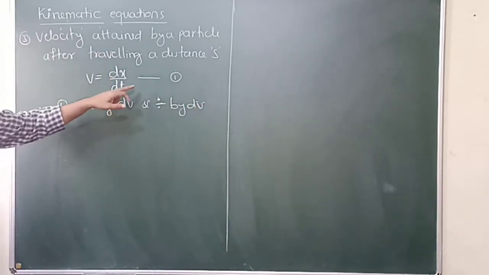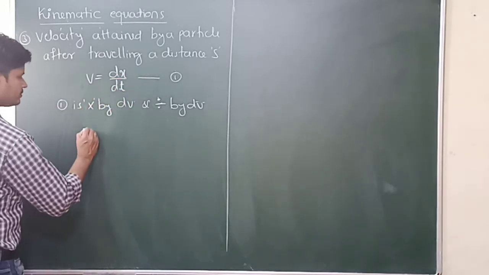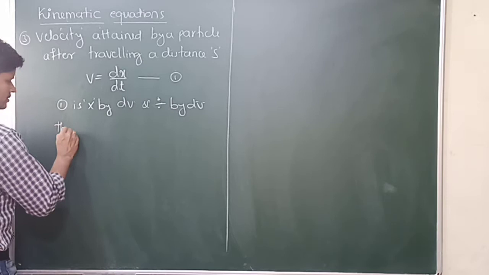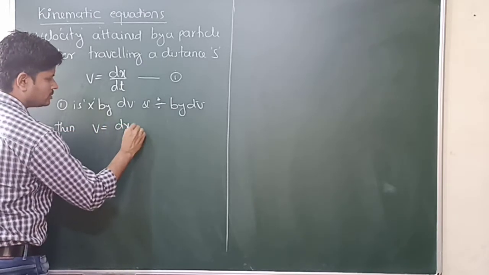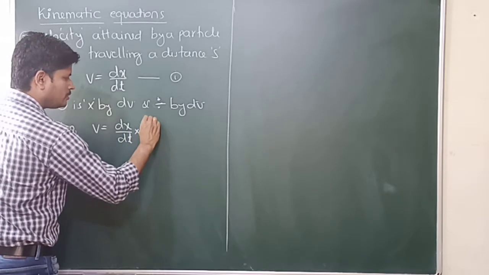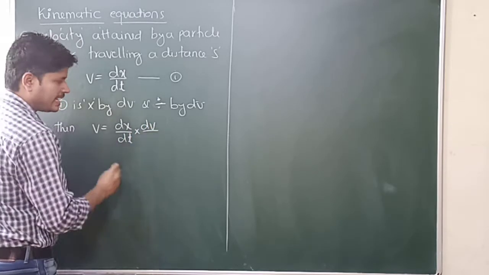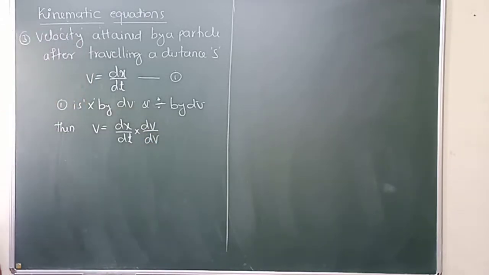Multiply this equation with dv and divide by dv. Then v is equal to dx by dt into dv. First multiplied, next divided by dv. Correct? Rearrange this equation.